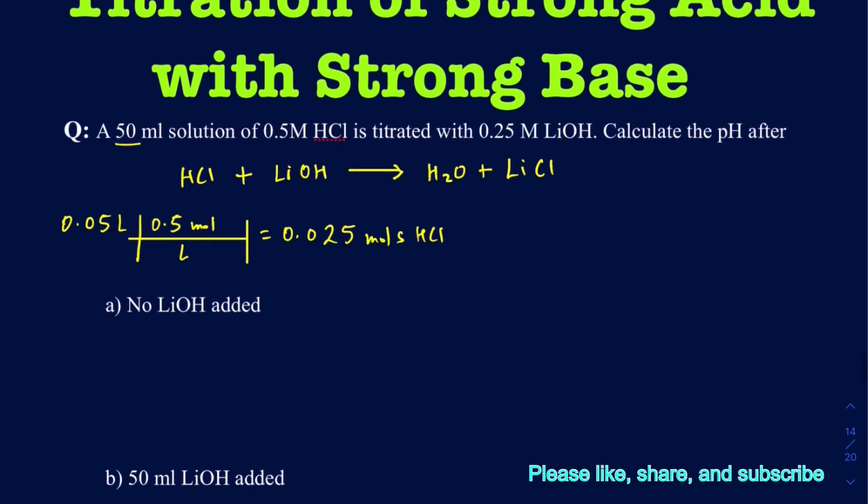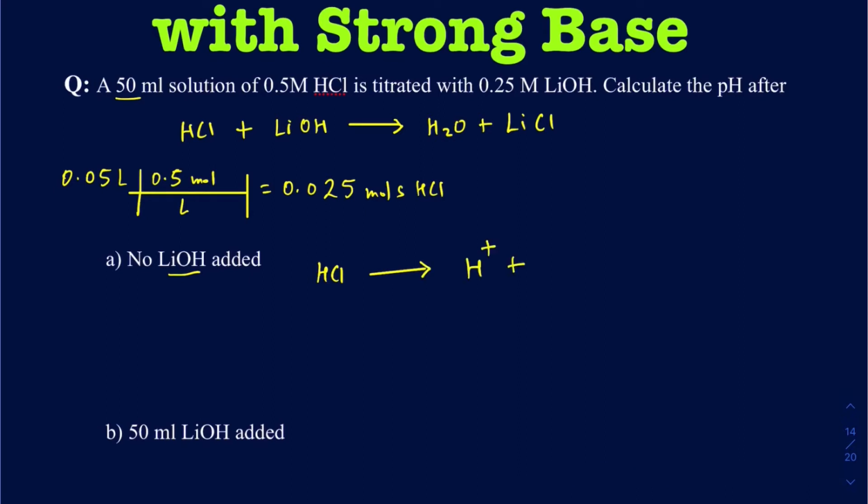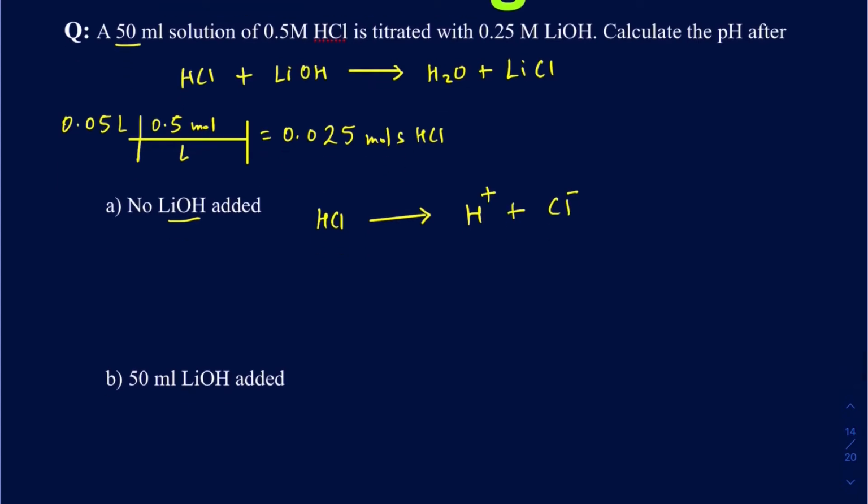So when there is no LiOH added, the only thing you have is the HCl. HCl is a strong electrolyte, so it's going to dissociate completely into ions, H plus and Cl minus, and make sure you know the other way of writing that equation as well.